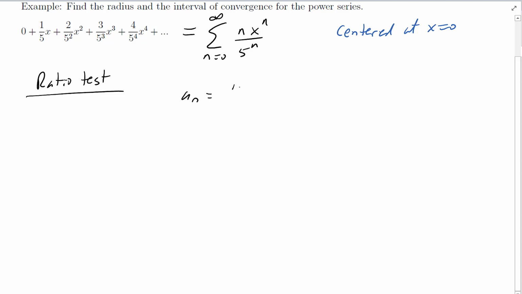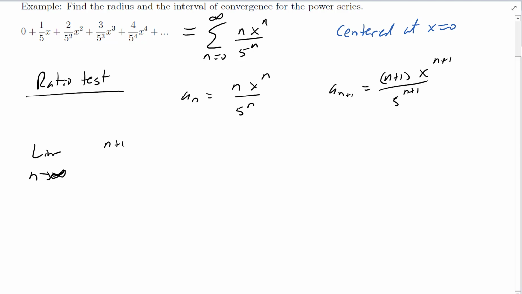Now a sub n is n x to the n over 5 to the n. A sub n plus 1 is n plus 1 x to the n plus 1 over 5 to the n plus 1. I take the limit as n goes to infinity.